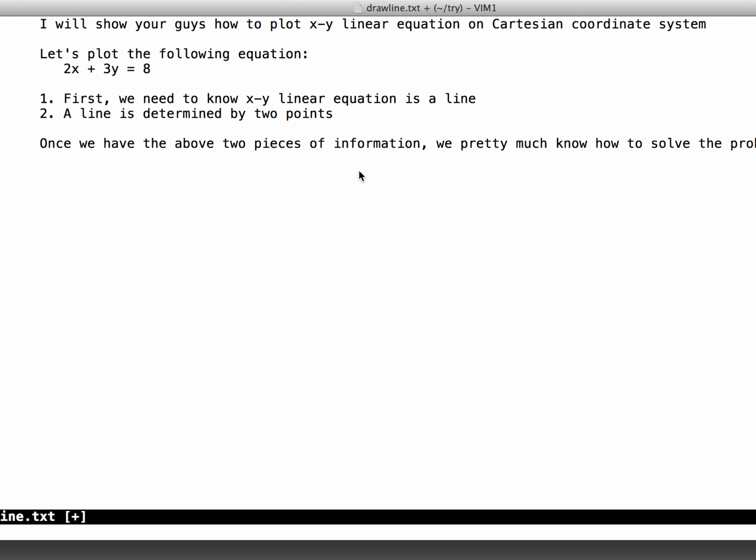Okay, once we have these 2 pieces of information, we pretty much know how to solve the problem. Let's do it. First, we need to choose one point, because if we know 2 points, we can draw the line.